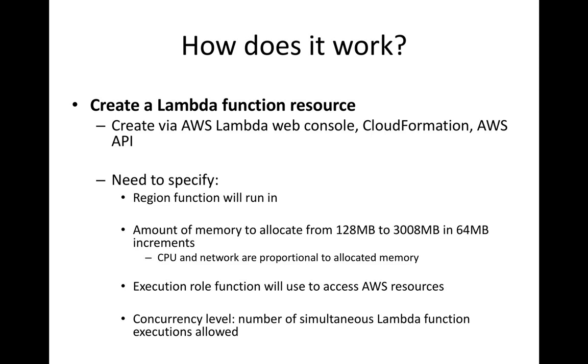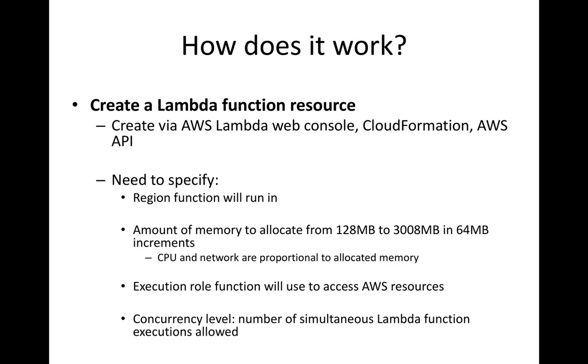You don't get to allocate CPU directly, but you do get to allocate memory. The lowest amount of memory you can allocate to a function is 128 megs. This goes all the way up, at least at the time of this video recording, to around 3 gigabytes of memory. And you can adjust the memory allocation in 64 megabyte increments.